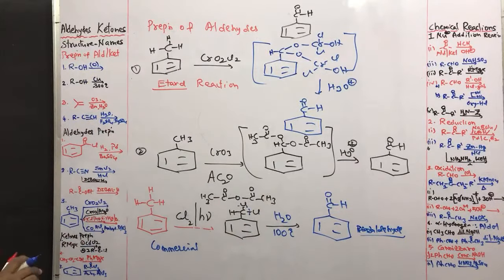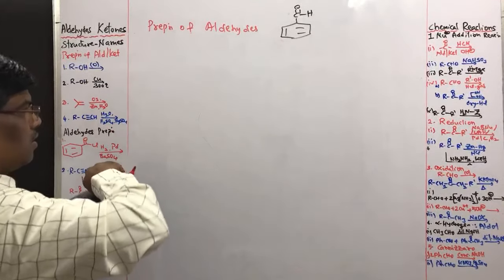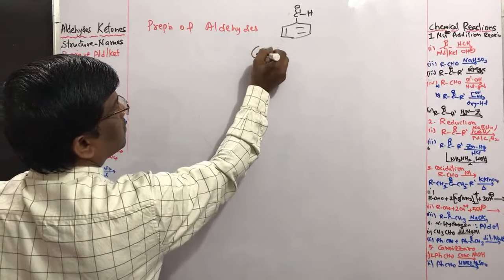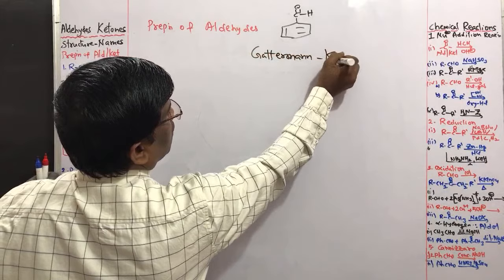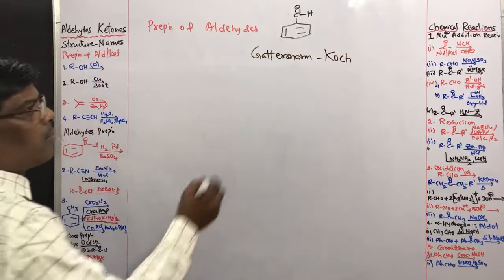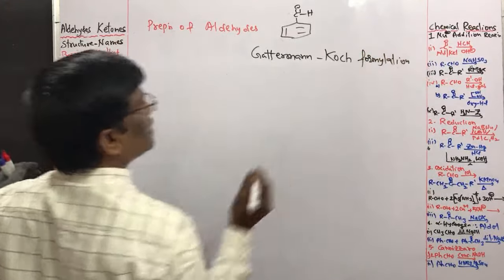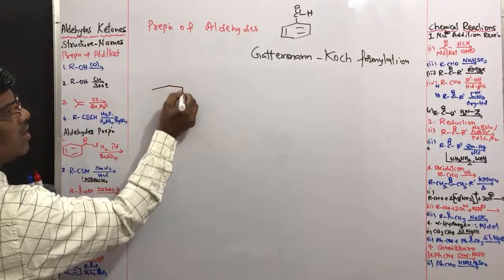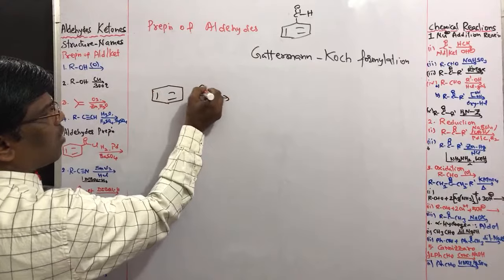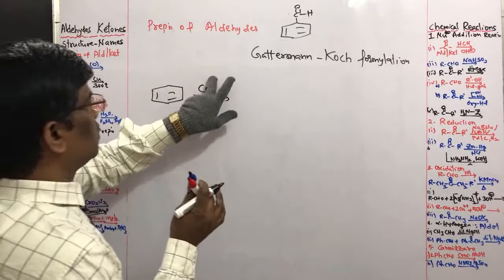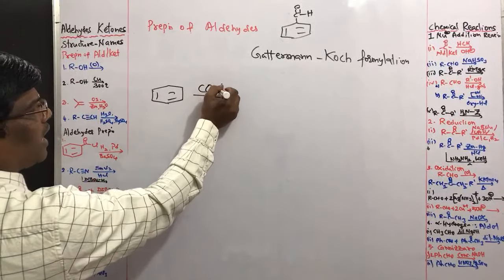Next, yes, students, Gattermann-Koch formylation. What is this reaction? Take benzene and treat it with carbon monoxide in presence of dry HCl.